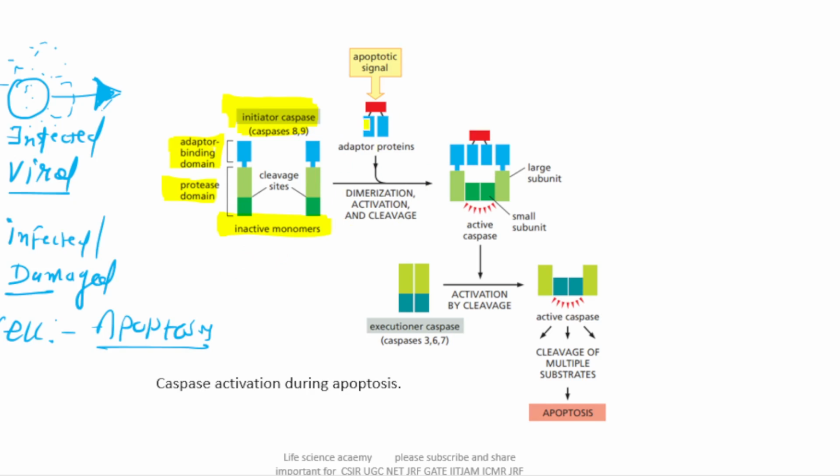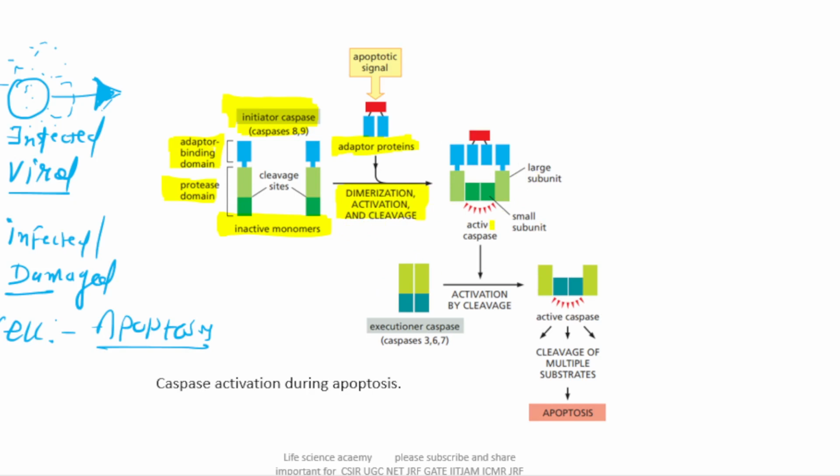And when apoptotic signals come in to that particular caspase, adapter proteins enter, and there is dimerization, or you can say activation of the caspases. So dimerization, activation and cleavage.